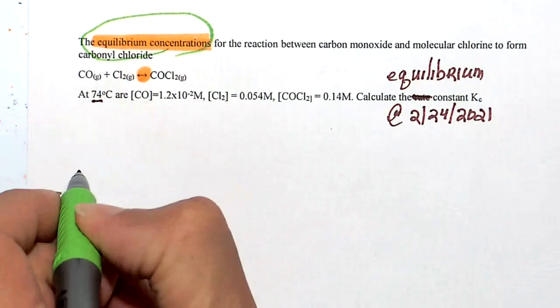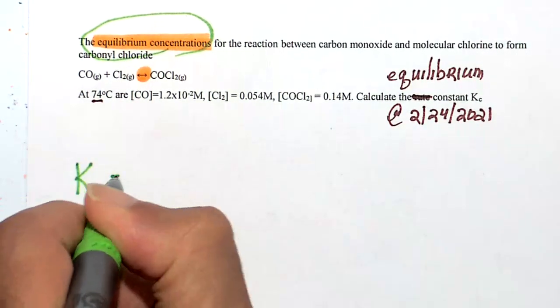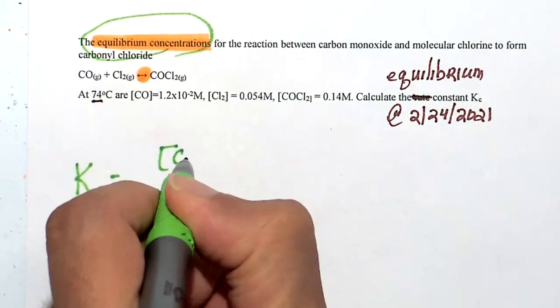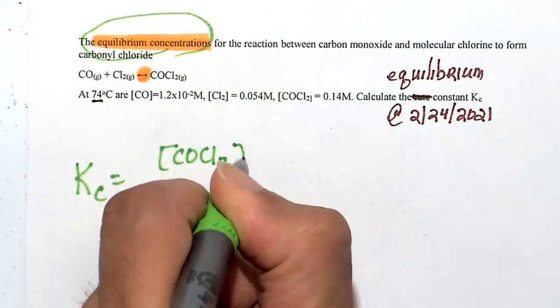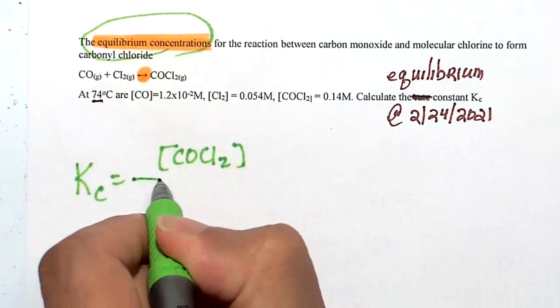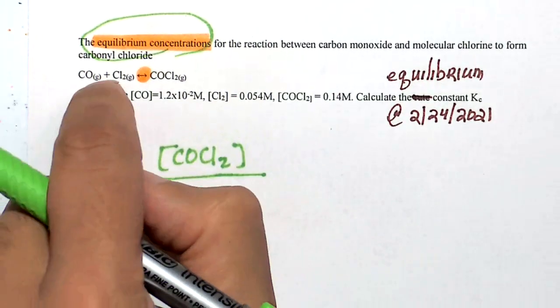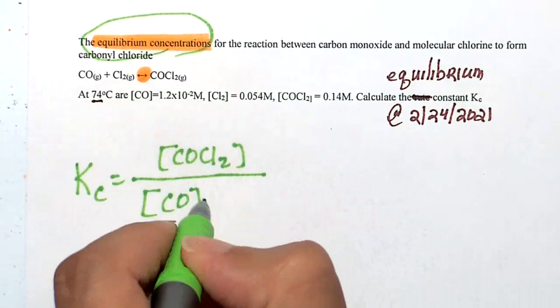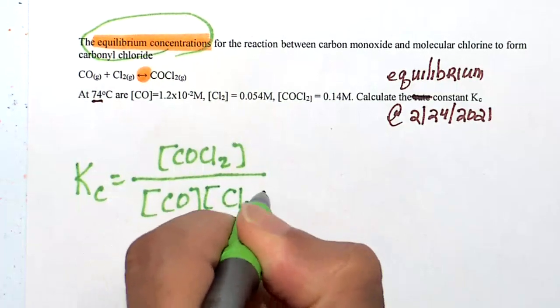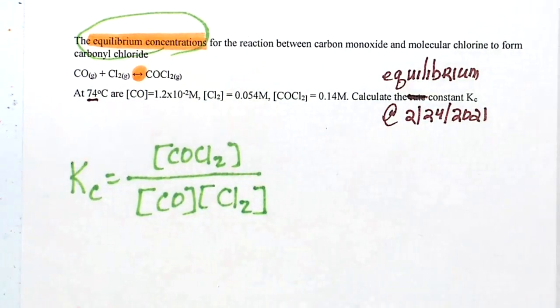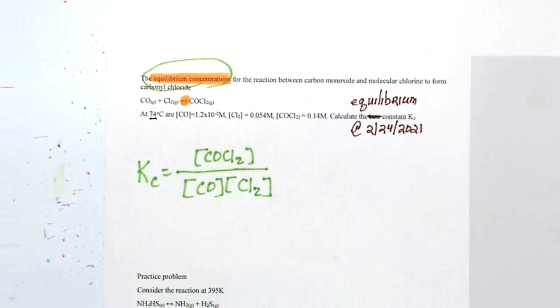And the equilibrium expression for concentration is products over reactants, each raised to the coefficient. Make sure this is balanced, and it is balanced. All right, so these are equilibrium concentrations.